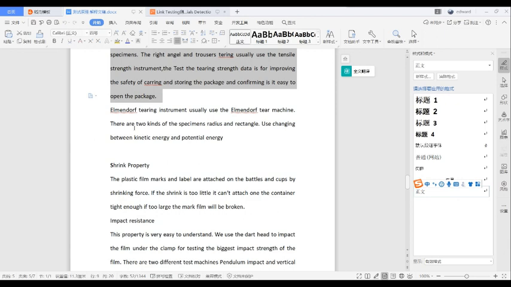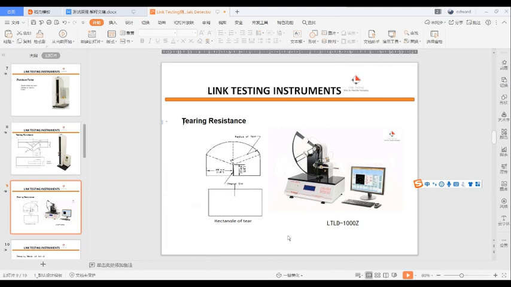Usually we use the Elmendorf tearing tester to do this testing. There are two different kinds of specimen, radius and rectangle. It uses the changing between kinetic energy and potential energy. Okay, next one.